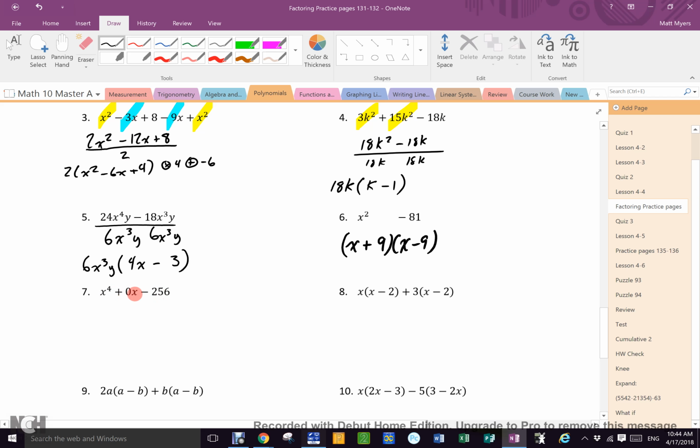Then what do I do here? What's different? The 0's still there, so we don't want him. There's x squared. It's x squared, isn't it? So it's x squared plus 16, x squared minus 16. Look at that for a second and tell me if that's okay. That's okay. Is it?